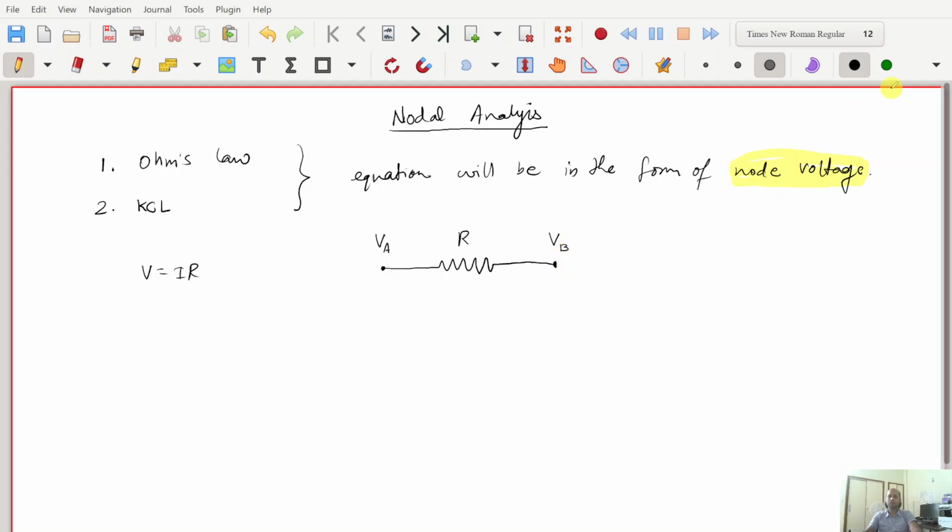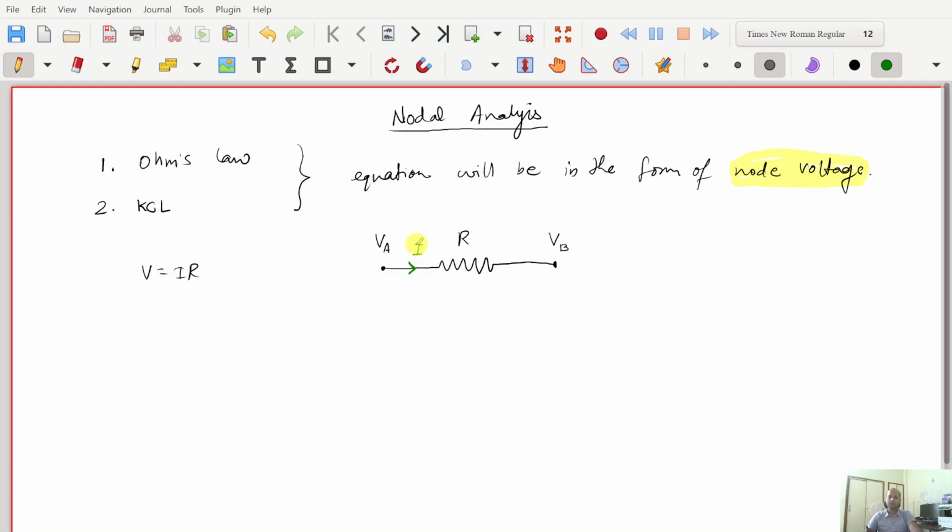Just for the sake of writing the equation, we are going to assume that the current is flowing from node A to node B. From the fundamentals of electric circuits, we know that current always flows from higher potential to lower potential.